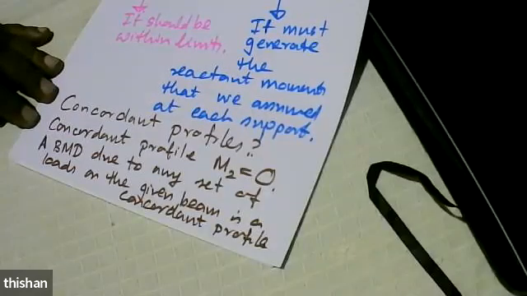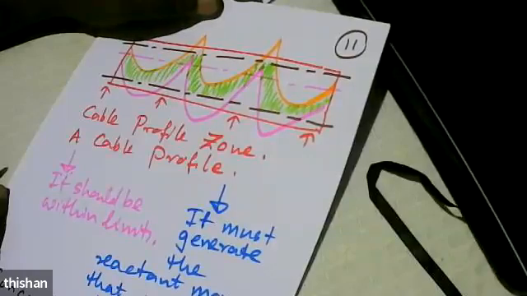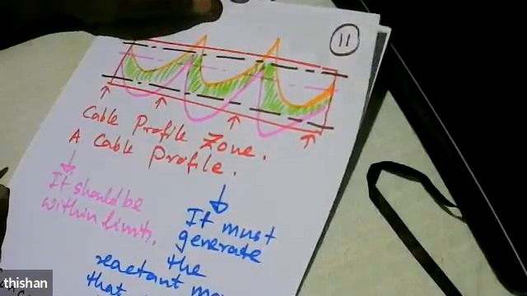So any real bending moment diagram due to any set of loads will be a concordant profile. So now we have to see, where are we going to fit it? We can't fit it here. Why? Because this has M2 values we have already used. So we now use something called linear transformation.